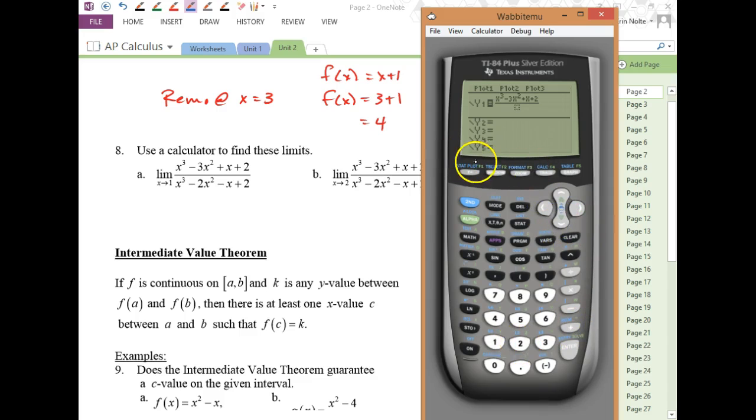On the bottom, it's almost the same: x cubed minus 2x squared minus x plus 2. Okay, so we're looking at the x value of 1.